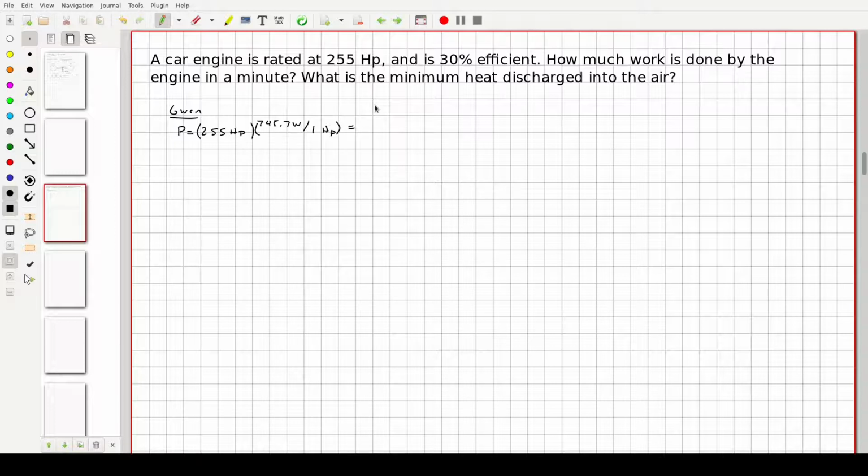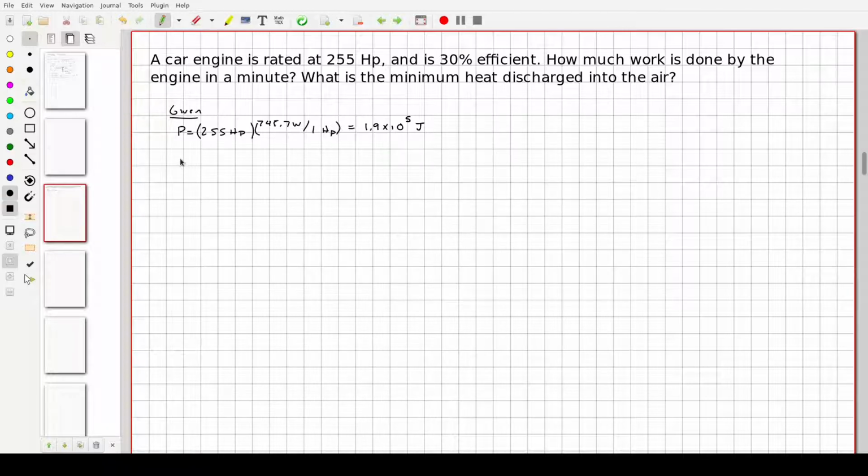So if you convert that real quick, it's 255 times 745.7. That ends up being about 1.9 times 10 to the fifth joules.